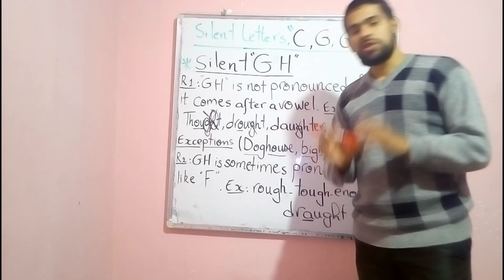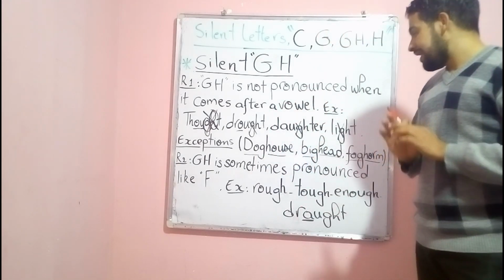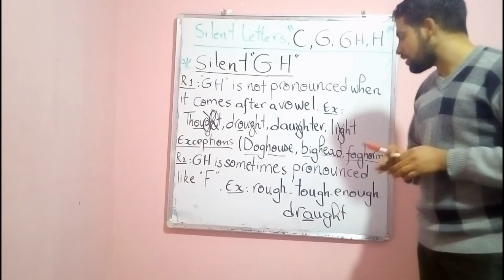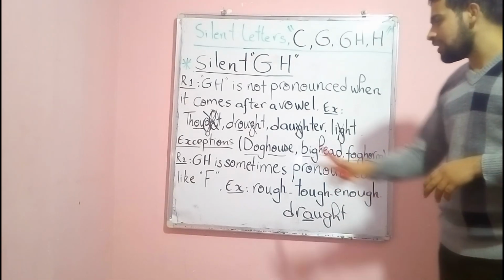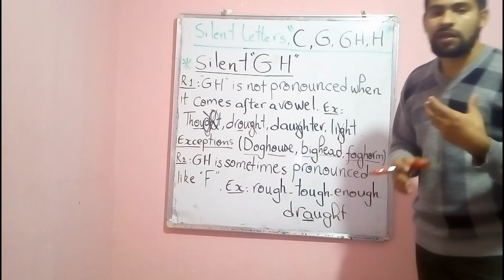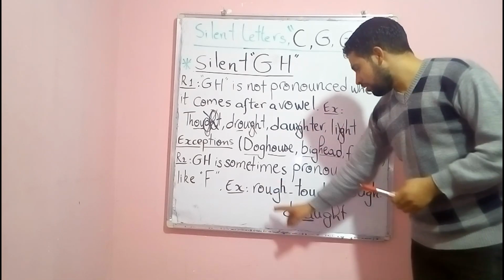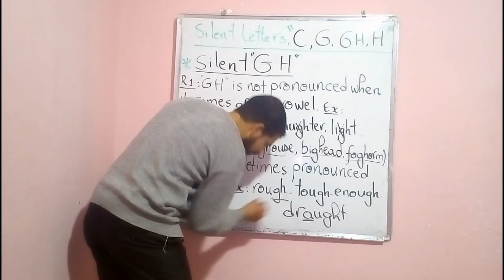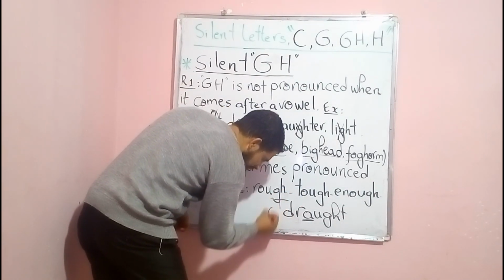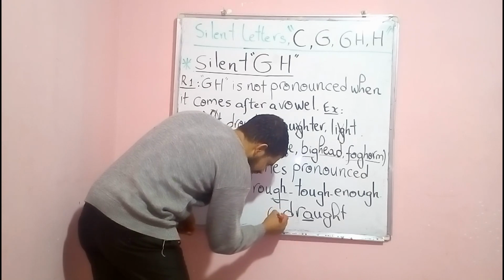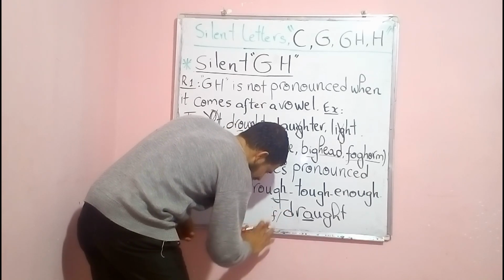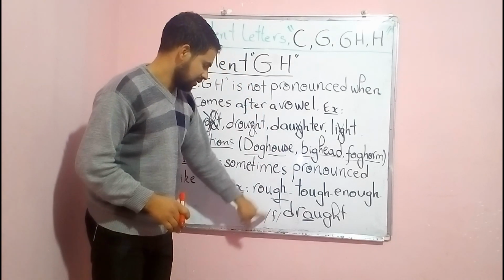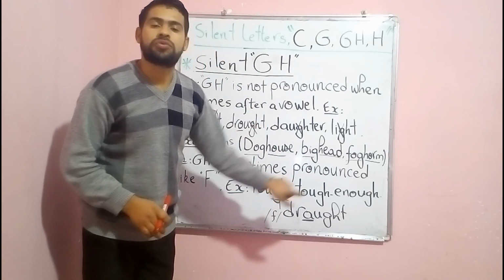Rule number two: G and H is sometimes, I said sometimes, not always, pronounced like F. Example, rough. Now the GH here gives us the sound F. Rough, rough.